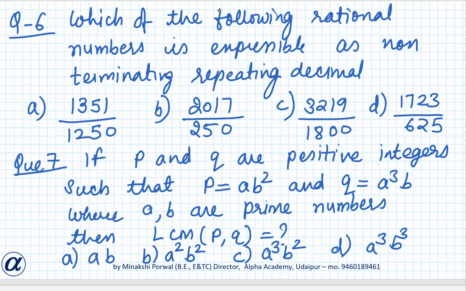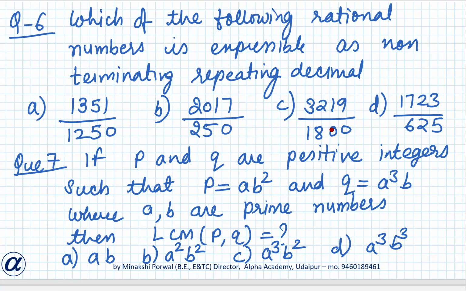Ma'am, the question is, which of the following rational numbers can be expressed as a non-terminating repeating decimal? Okay, non-terminating repeating decimal means, first of all, we have to obtain the numerator and denominator in simplest form, if they can be cut by any number. If they cannot be cut, then we have to obtain the prime factorization of q.